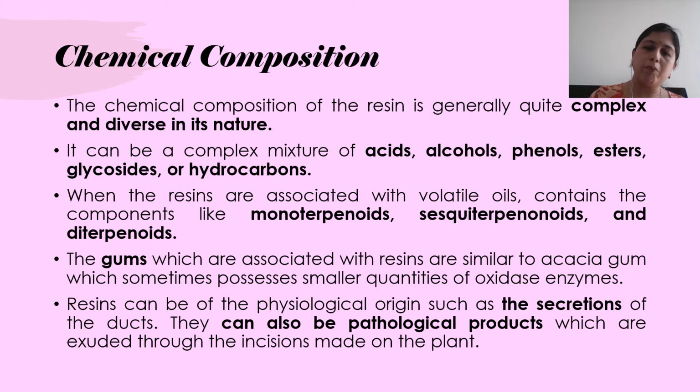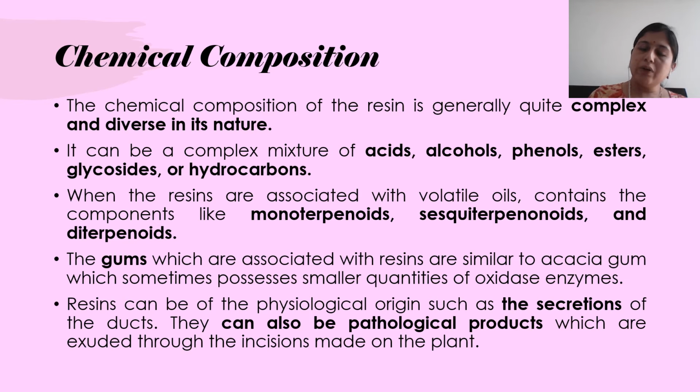We have different types of volatile oils present in this resinous mixture, which may be acidic, alcoholic, phenolic, ester group or hydrocarbons in nature. Sometimes glycosides are also present, and the volatile oils present may be monoterpenoids, sesquiterpenoids, and in a few cases diterpenoids.